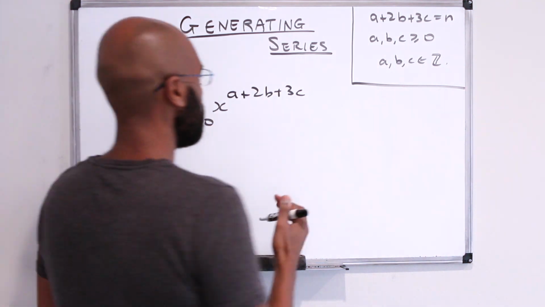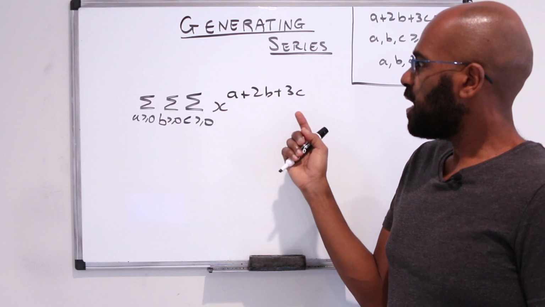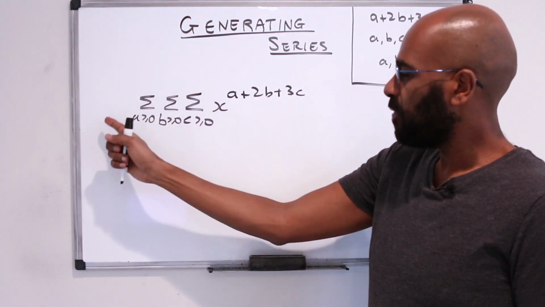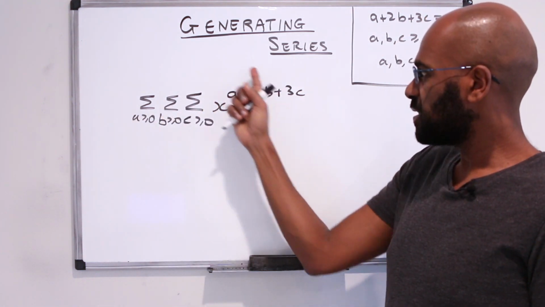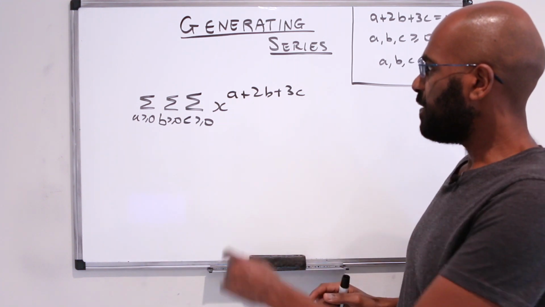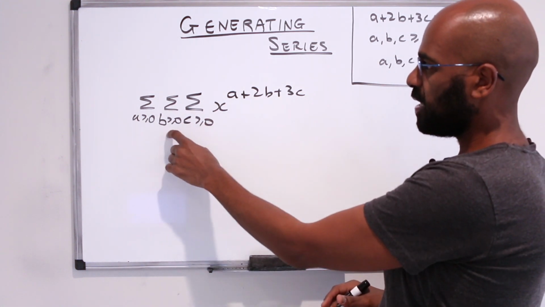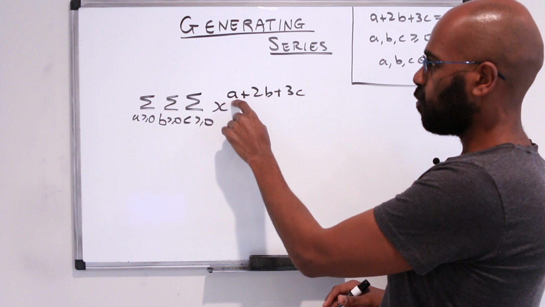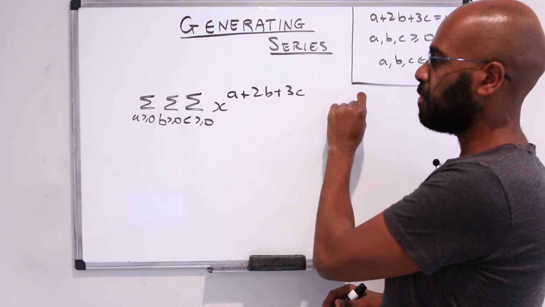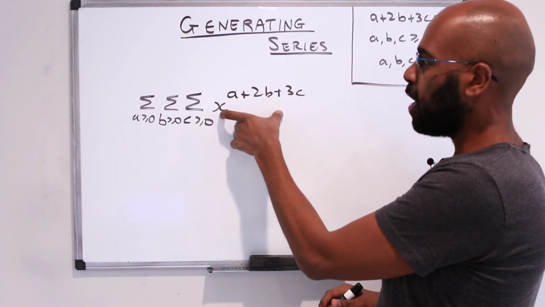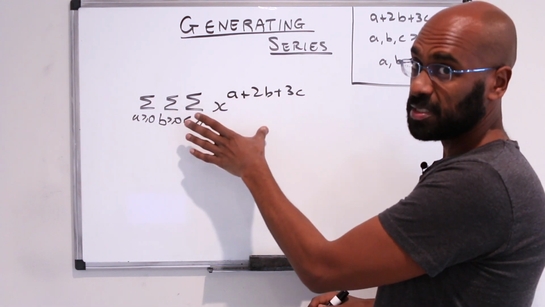Okay, so if we look at the x to the nth coefficient of this entire series, every time we have non-negative integers a, b, c for which this expression is precisely the number n, we'll get one term of x to the n in this series.